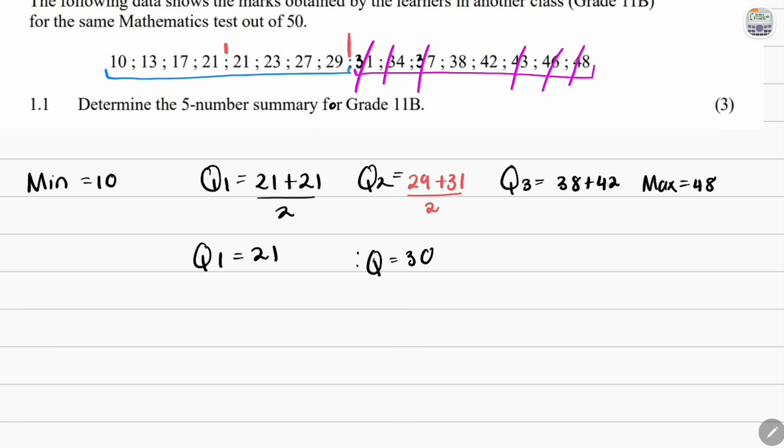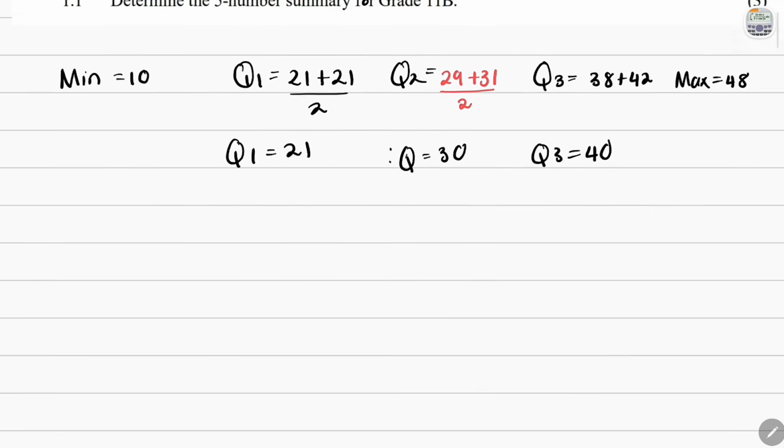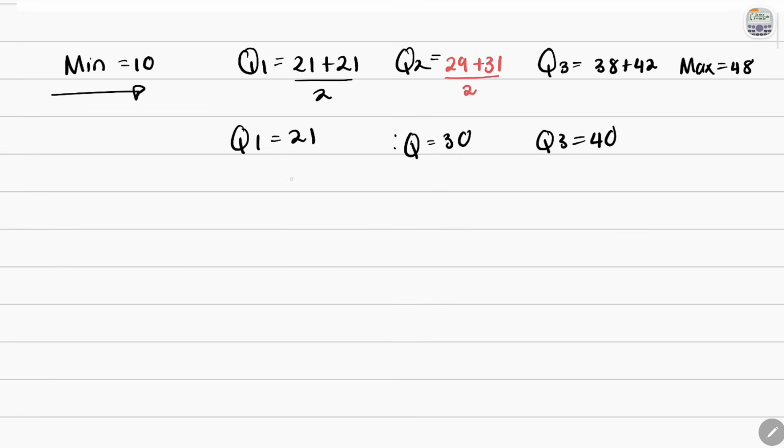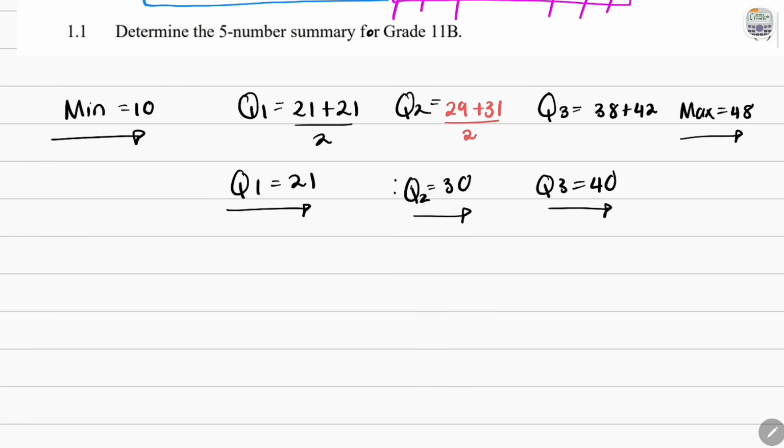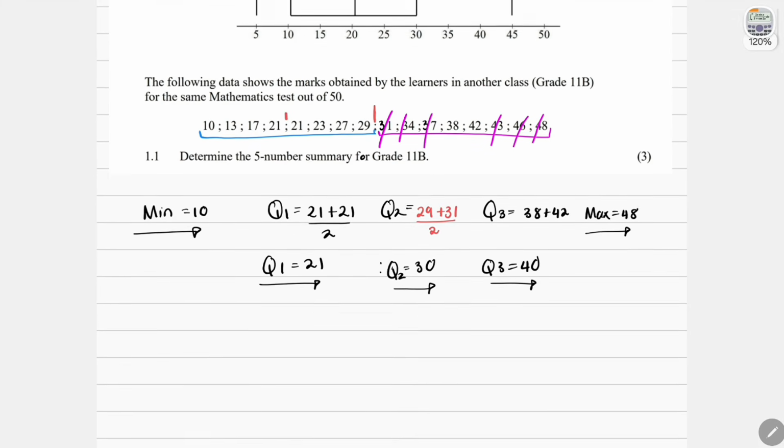Okay, if I take 2 out of that, that's 40, and then that's 40. So it's 40. Okay, Q3 equals 40. So these are our numbers. Okay, the minimum value is 10. Q1 is 21. Q2, sorry about that, is 30. And then Q3 is 40. And the maximum is 48. And that is our 5-number summary.